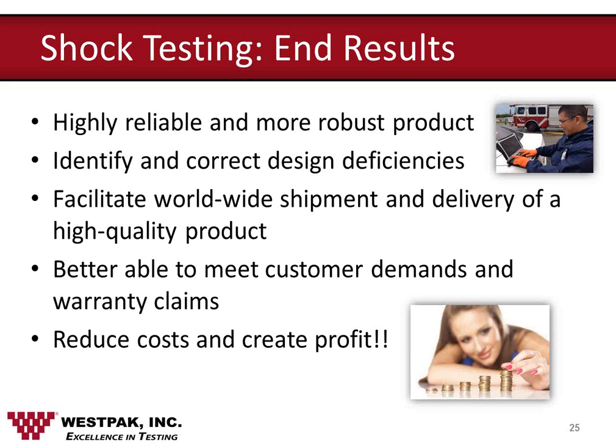But the delivery costs, which include packaging, often represent 35% or more of the cost of a delivered product. And if you can improve that by 50%, you're saving a lot of money. So costs are the biggest reason why we'd like to have a more rugged product.